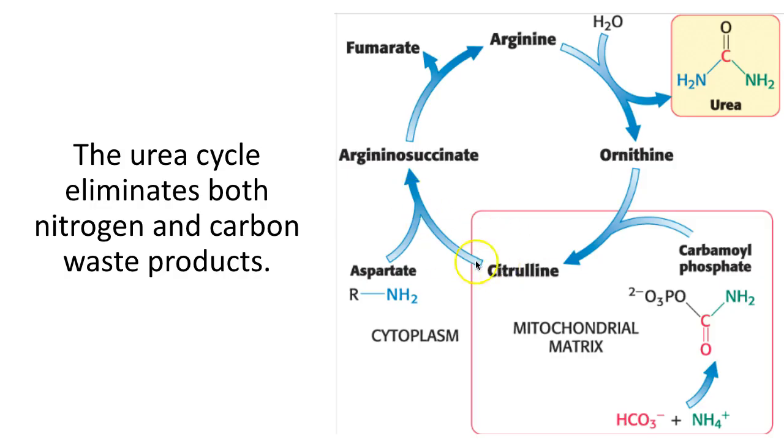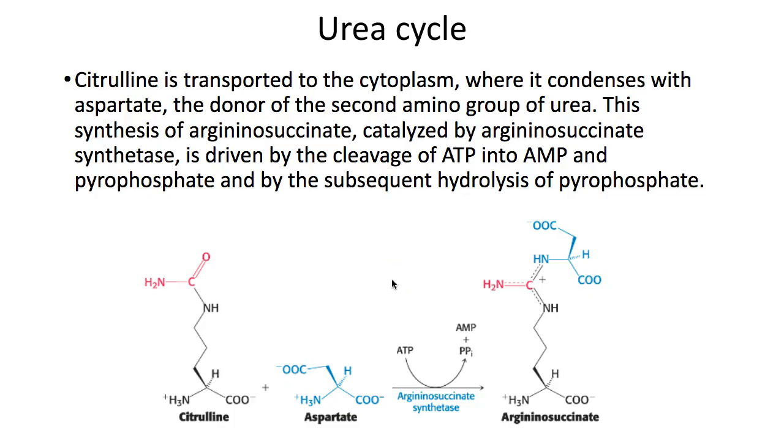And so that's what we see right here. And from there, we'll do the next step of the citrulline combining with aspartate. The citrulline combined with aspartate goes through another enzyme reaction that is driven by the cleavage of ATP into AMP and pyrophosphate.